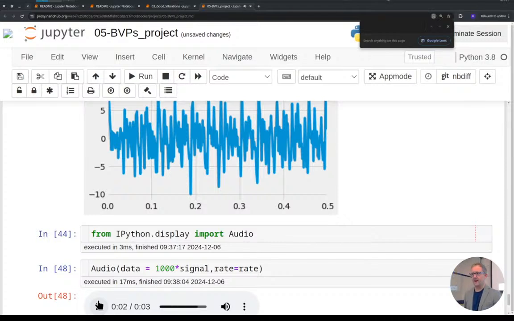We're getting a noise. It's a little low, but it sounds pretty good. Sounds like a guitar that has been strummed, but as played by a computer.